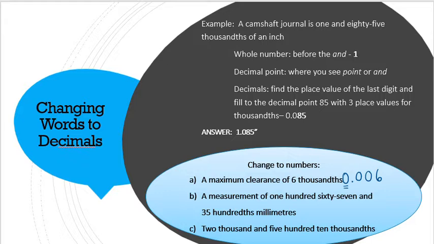For B, a measurement of 176. Okay, I can commit to 176, and and means a decimal place, and 35 hundredths millimeters. Oh, that's terrible. Anyway, 35 hundredths ends in the second decimal place. So there we go.